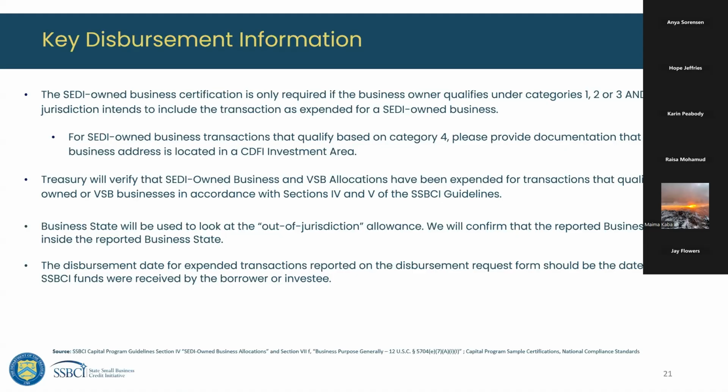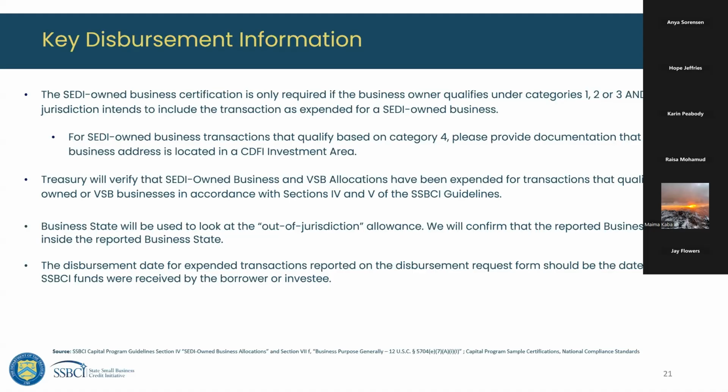And for transactions that qualify as SEDI-owned businesses based on category 4, that would be a business located in a CDFI investment area. If you could, we'd really appreciate if you could do that analysis and include, say, a screenshot proving that the business is in the CDFI area. That would really help us a lot.